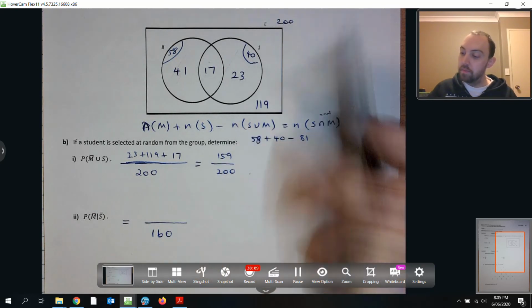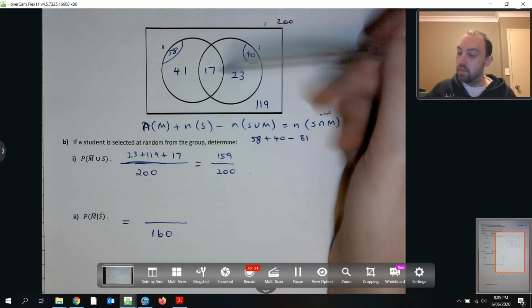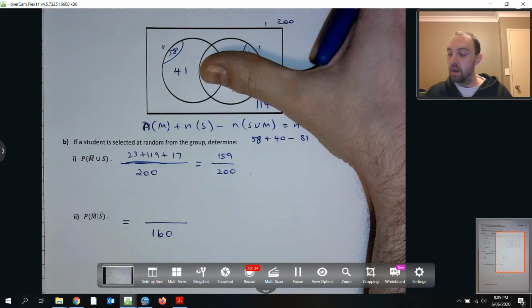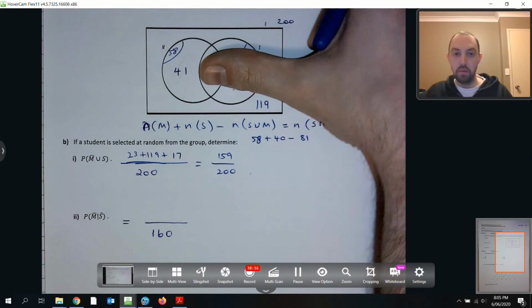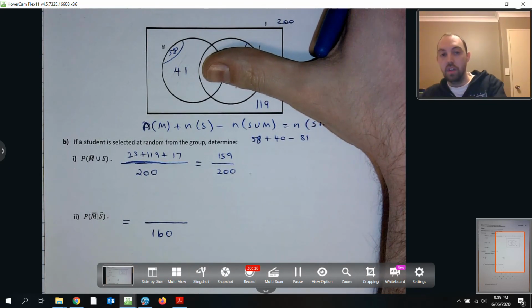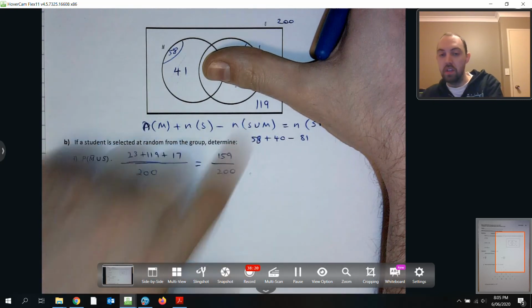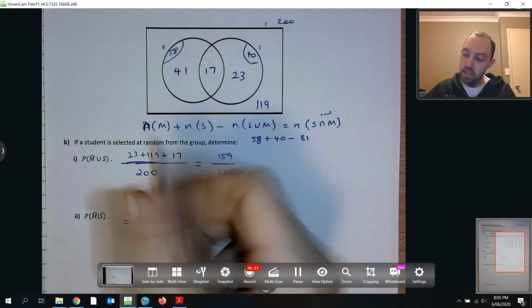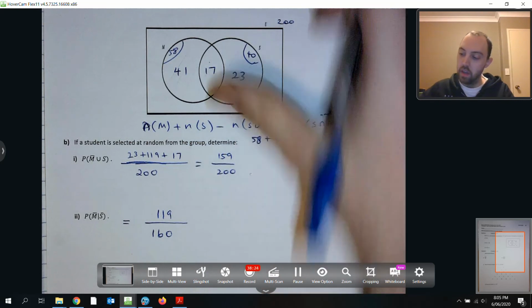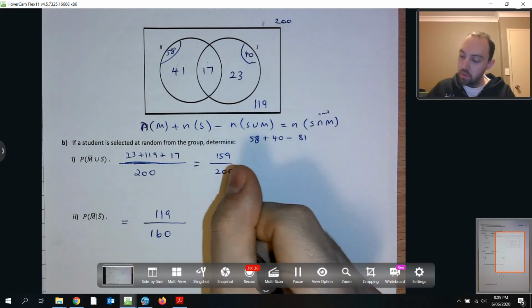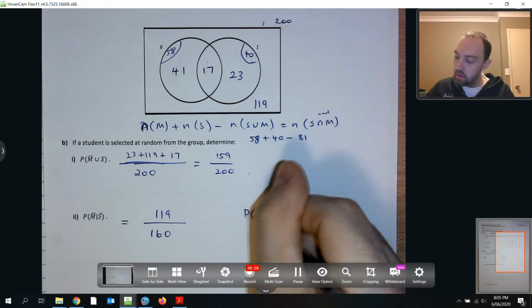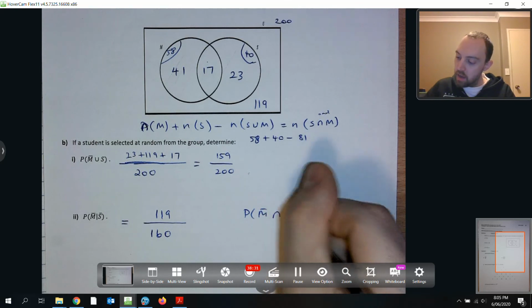We need to count the number of people that were not in the math seminar, so just the 119 here, because we are looking for the probability it is not M and it is not S.